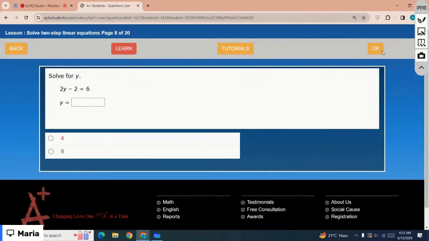Solve for Y, which is the correct option. The correct option is, yes, 4.